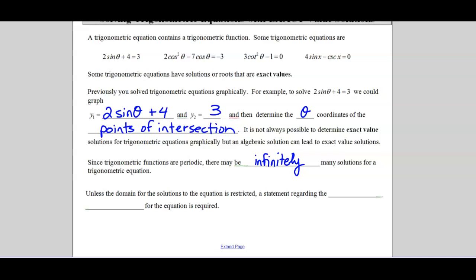Unless the domain for the solutions to the equation is restricted, a statement regarding the general solutions for the equation is required. That's very similar to what we've been doing for asymptotes and restrictions, so it's not going to be too difficult in that sense.